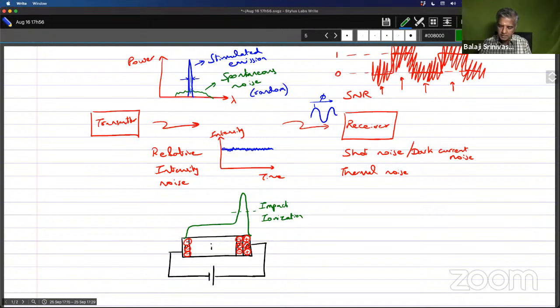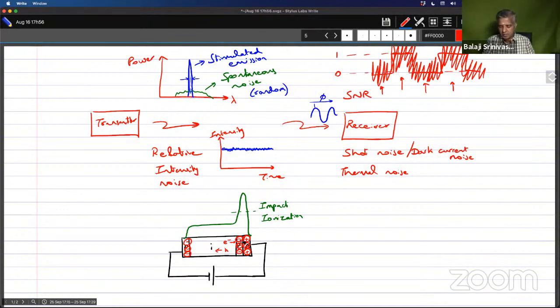let's say in this case, whenever light is coming in, it's generating electron hole pairs. And in this case, the electron would go this way and the hole would go this way, right? If there is an absorption that happens.